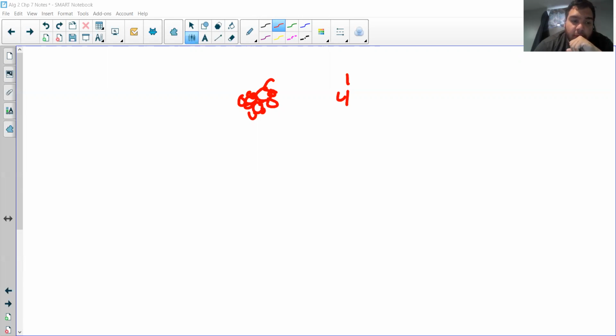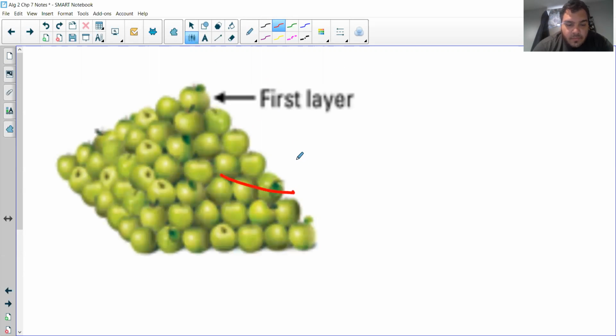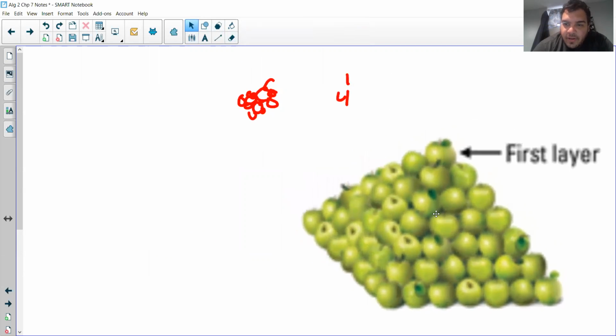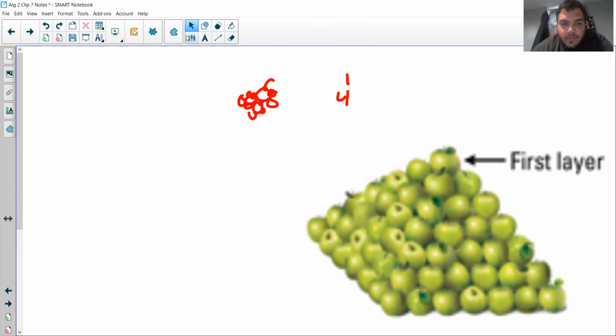Page 495. There you go. I drag this picture. So we got big apples. Apparently they're Granny Smiths, they're not red apples, but whatever.